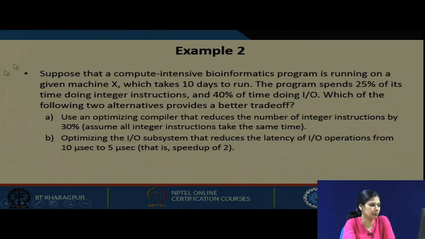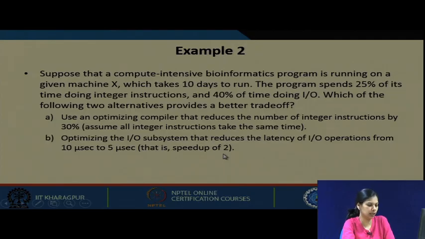So, firstly the optimization that is being done is by reducing the number of instructions by 30%. And the next one is we are optimizing the I/O subsystem that reduces the I/O operations from 10 microseconds to 5 microseconds. That is, again we are saying a speedup of 2.